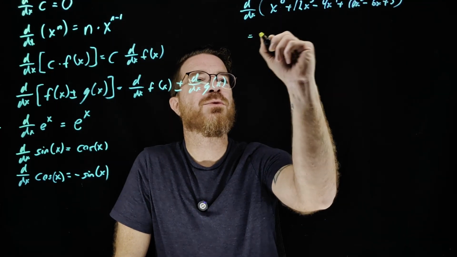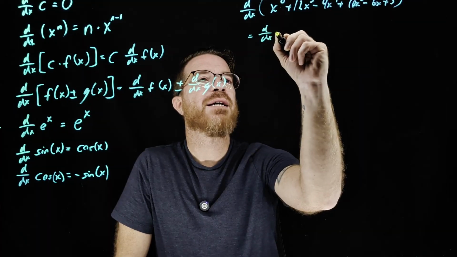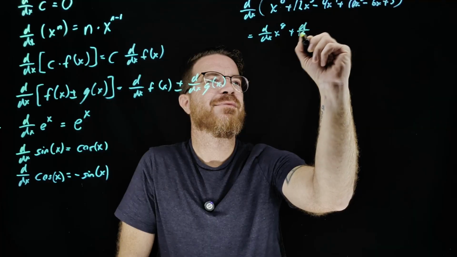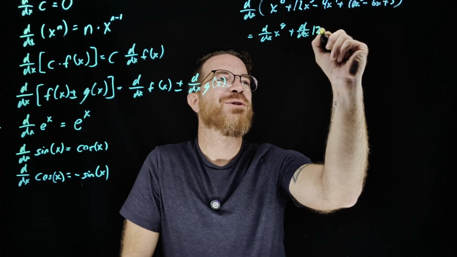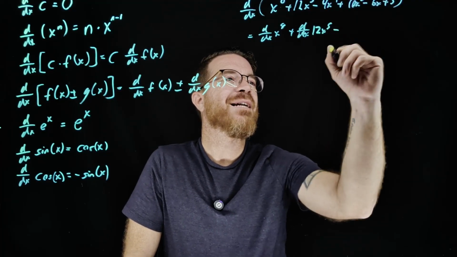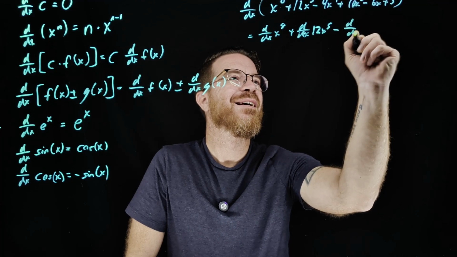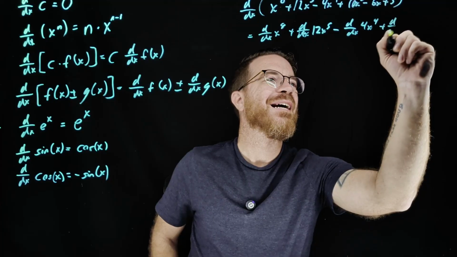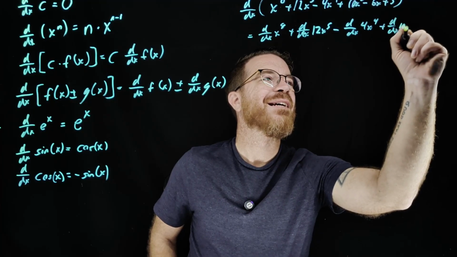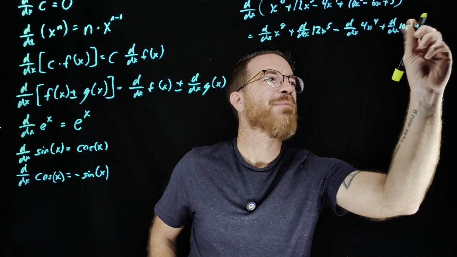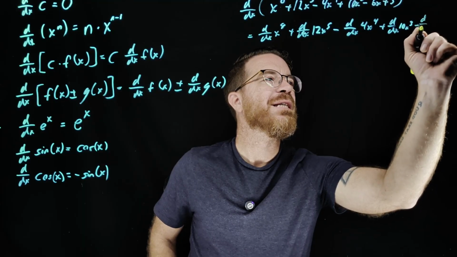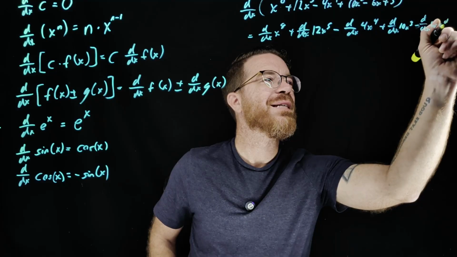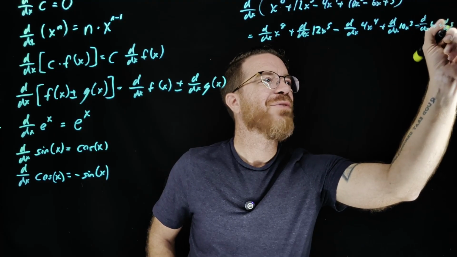So this is going to be equal to the derivative, so d/dx of x to the 8th plus d/dx of 12x to the 5th, minus d/dx of 4x to the 4th, plus d/dx of 10x cubed, minus d/dx of 6x, plus d/dx of 5.